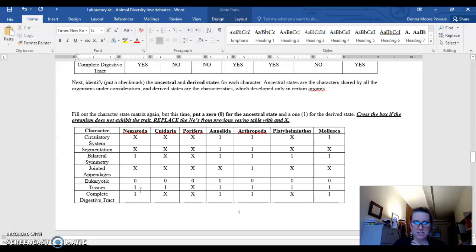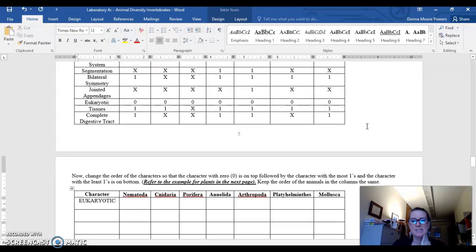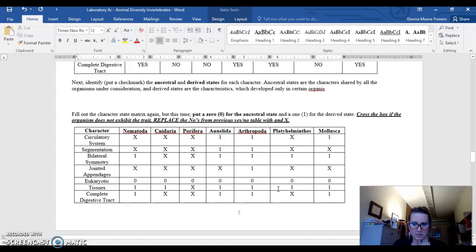Okay, so you can actually just count them up. Nematodes have 3 ones, cnidarians have 1, Porifera, and so on. So you're going to put next the character with the most ones. So that would be Arthropoda. It's got 1, 2, 3, 4, 5, 6.